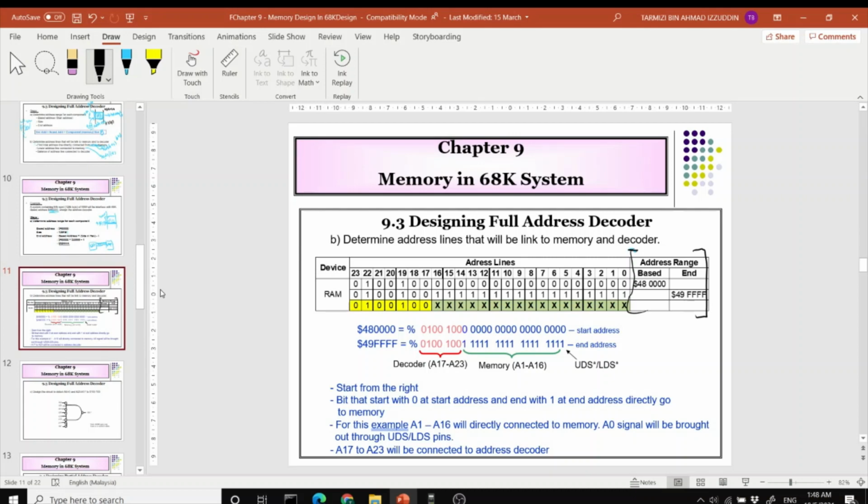After you have put the base address here, you're going to draw what is the value on each of these address lines. Remember, the middle column is your address line. In your 68K microprocessor, you have 24 address lines, so 24 bits, starting from 0 up to 23. You have already figured out that your base address is 480000.